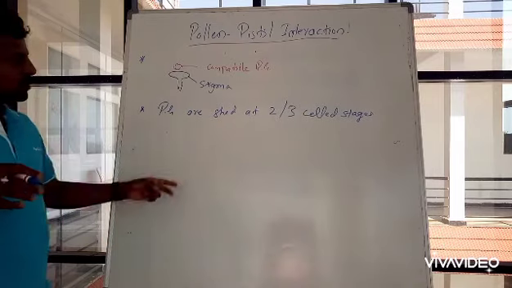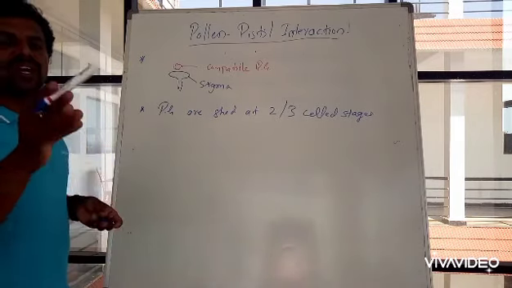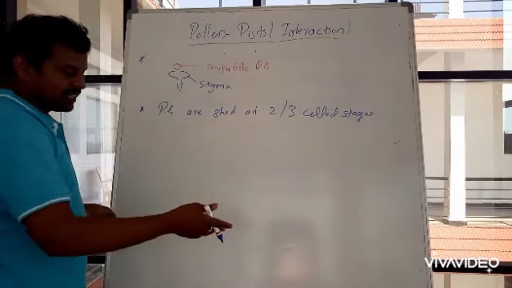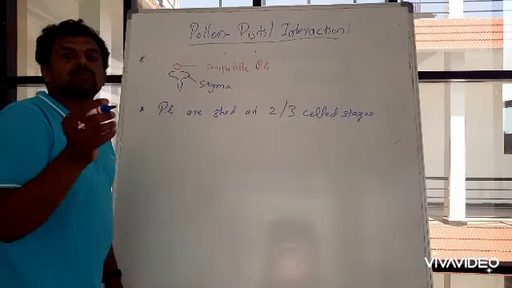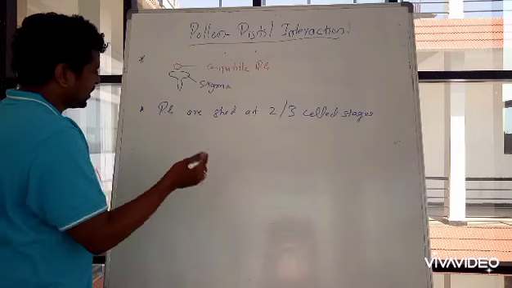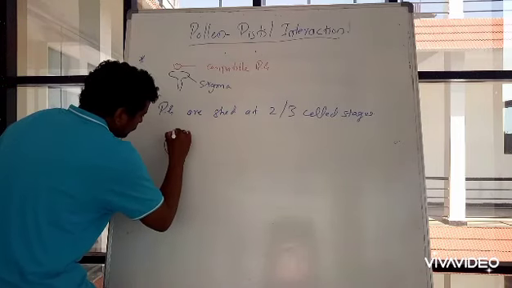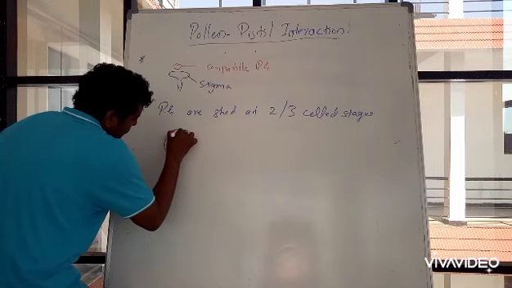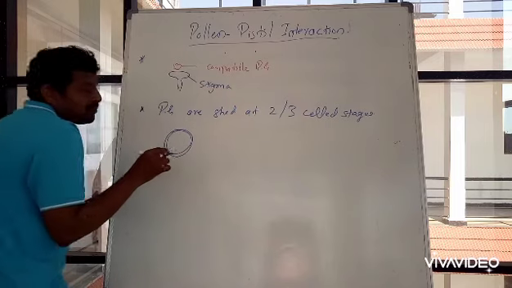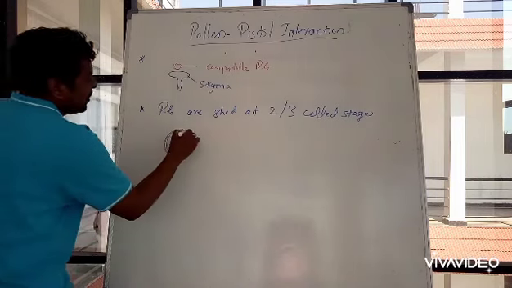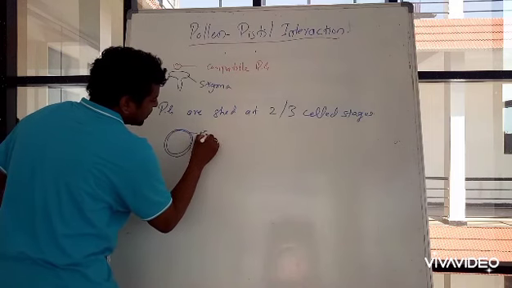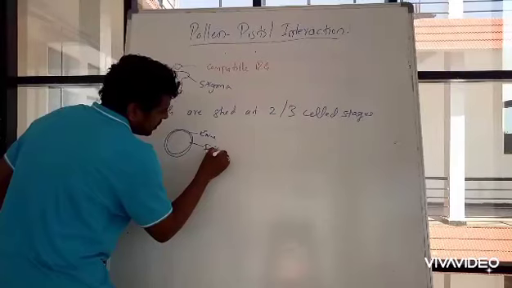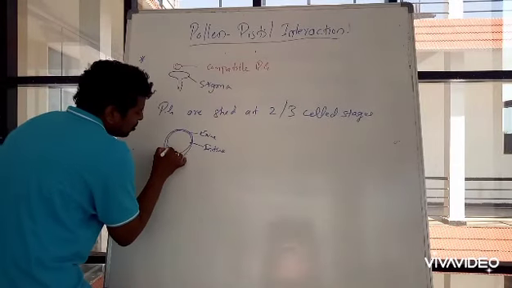For example, if you can recall the structure of pollen grain, generally the structure which is given in the textbook is of 2 cell stage. I will try to draw the pollen grain once again. It will have an exine, the outer layer, an inner intine, and there will be 2 cells.